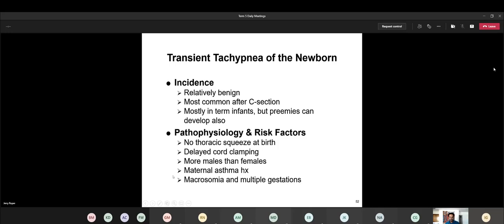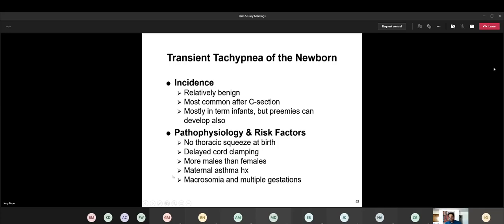Most of the time it may be your term babies. Even if they were born naturally, they still may end up with a little bit of that fetal fluid still there, and they may become tachypneic for that reason. But the last point under the incidence: even though you mostly will find it in the term babies, the preemies will end up having this problem as well.